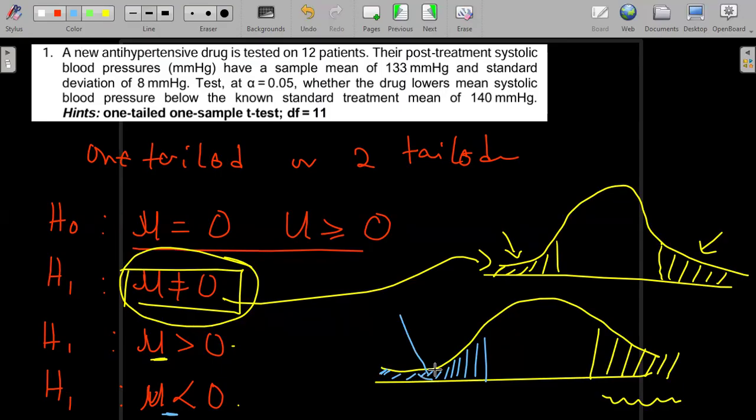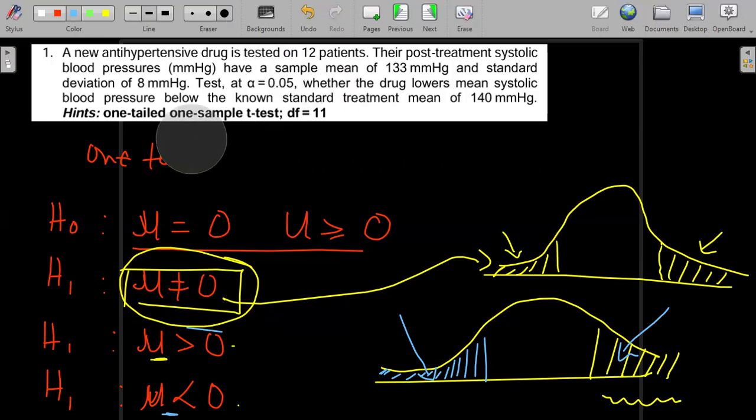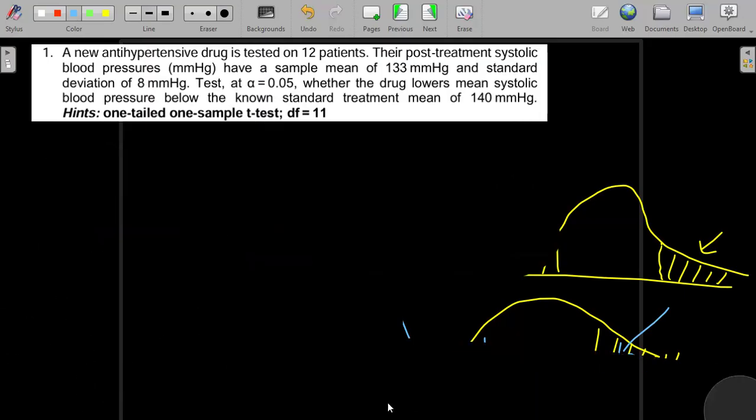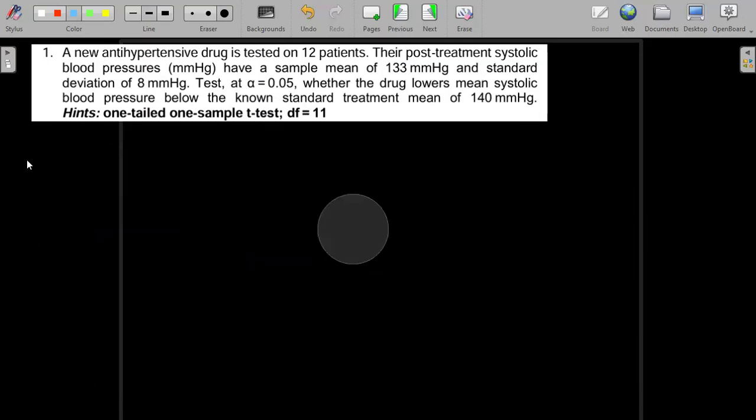The values that fall in this region will be rejected, and all the values that fall in that region will also be rejected. So depending on the alternative hypothesis, we know whether we're going to have a two-tailed test or a one-tailed test. For the questions in this video, I've made them very simple so that we just get the basics.